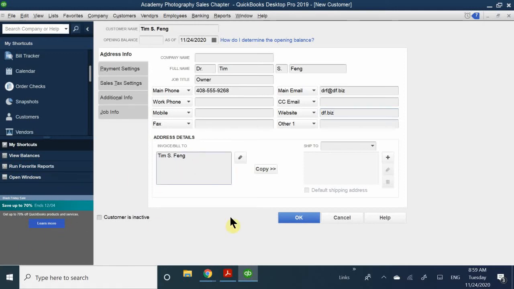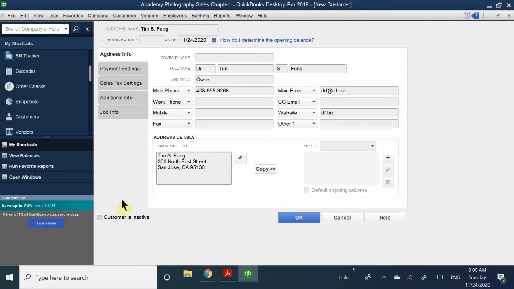So his address is going to be 300 North First Street, San Jose, 95136.